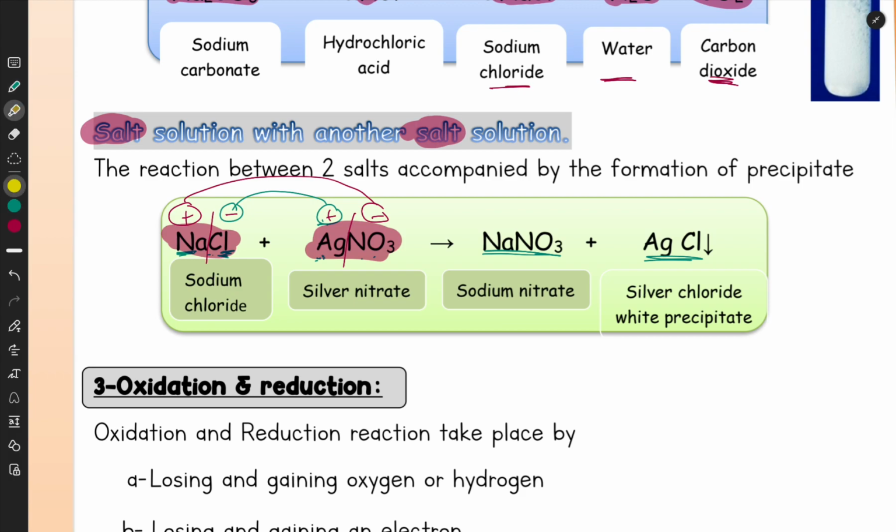We have sodium nitrate, sodium from Na, nitrate from NO3, which is a chemical group, not an atom. The silver chloride is a white precipitate.